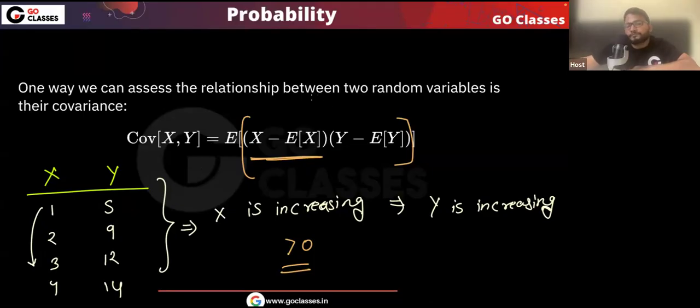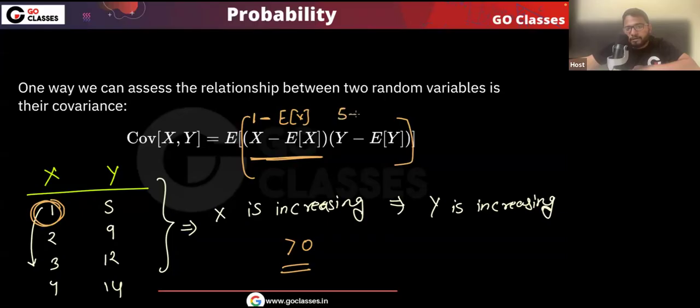See here, let's suppose you pick any x, let's suppose 1, and you pick the corresponding y, which is, let's suppose, 5. This is 1 minus mu x. Mu generally means mean, or if you want, I can write expectation.